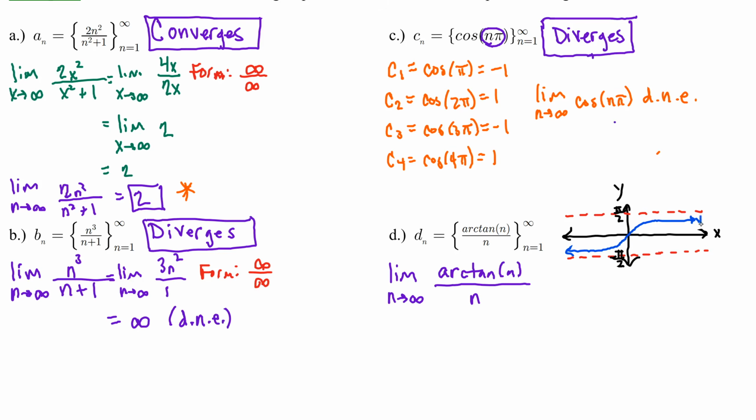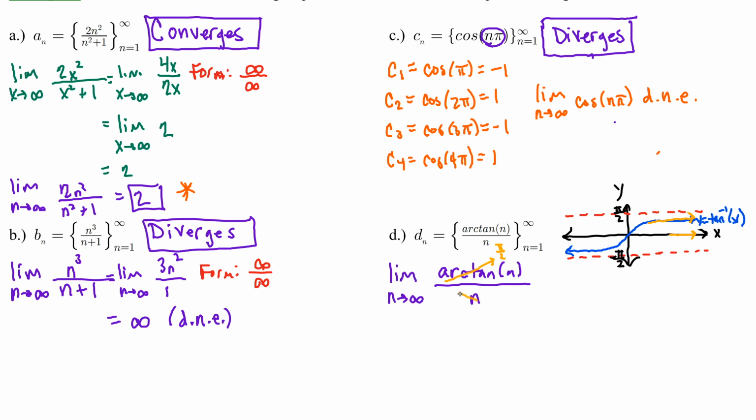So looking at our continuous function, arctangent of x, I'm going to write it as inverse tangent of x, we can see that as x approaches infinity, that is, I'm looking at the far right side of the graph, then the function levels out underneath that horizontal asymptote at pi over 2. So as n approaches infinity, arctangent of n approaches pi over 2.